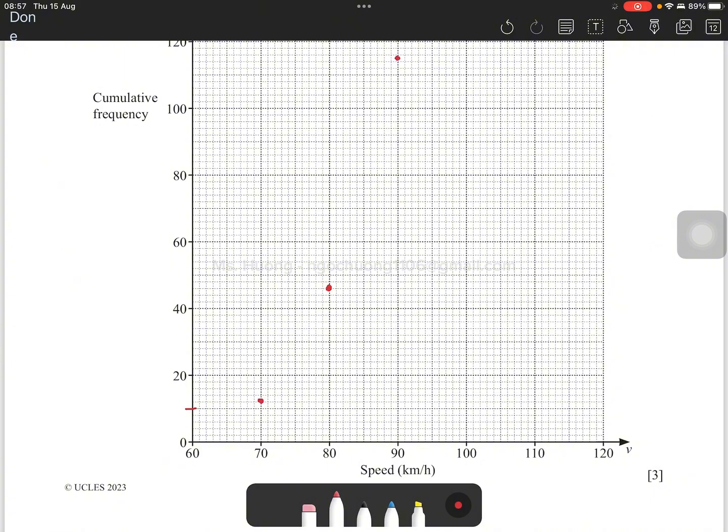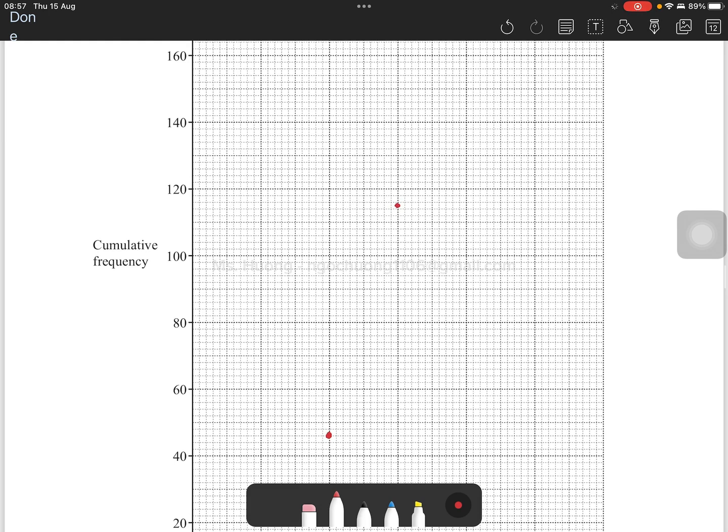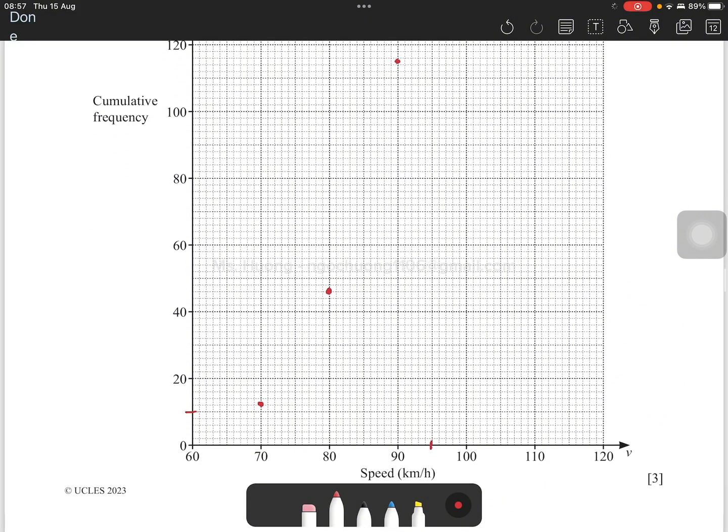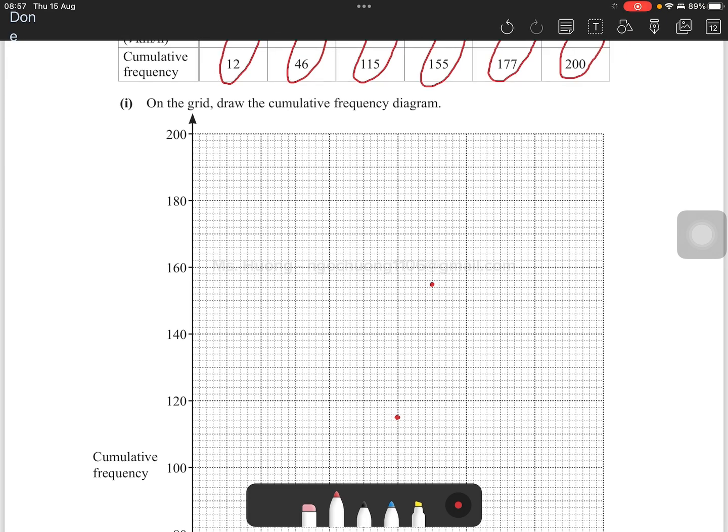Next point, (95, 155). This is 95 and 155 is here. The next point, (100, 177). Finally, (120, 200) is here.